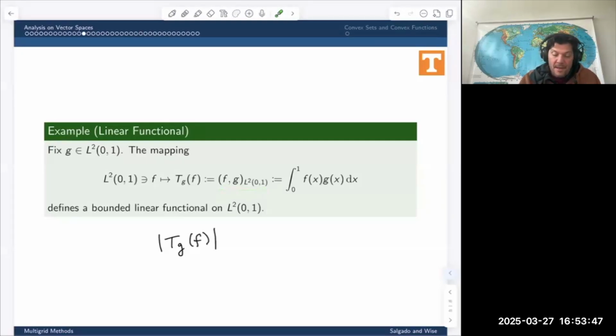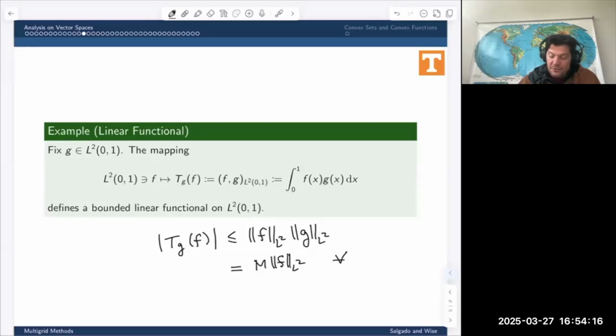It says this is less than or equal to the norm of f times the norm of g. But g is fixed, so we can choose m to be equal to the norm of g. No problem, we can do that.